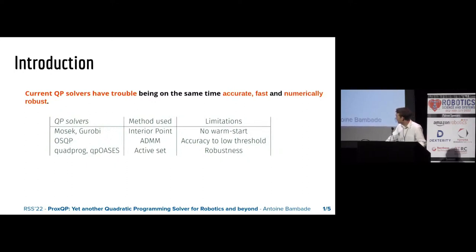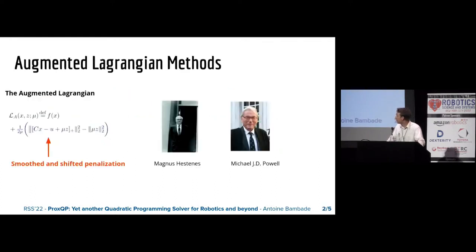Hopefully, another family of methods based on the augmented Lagrangian can match, a priori, all these specifications, and that's what motivated our choice for designing a solver based on this approach. The augmented Lagrangian is defined as the sum of the cost function and this difference of two squared norm terms in blue.